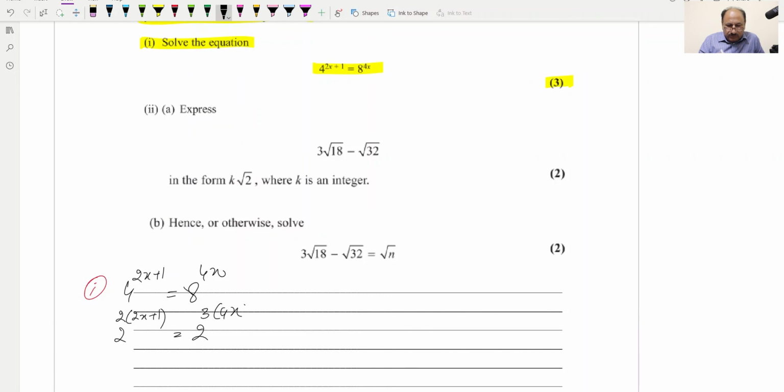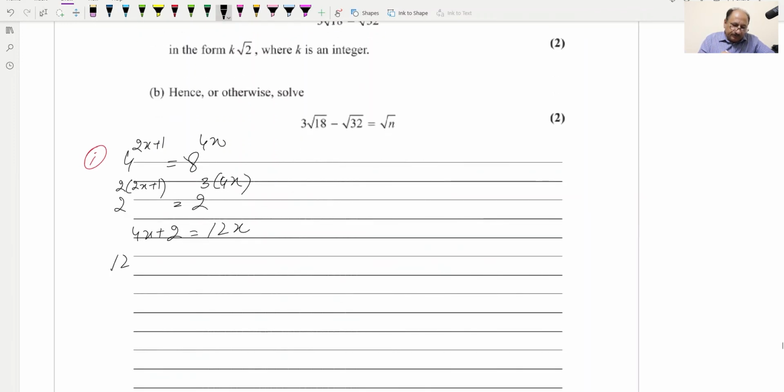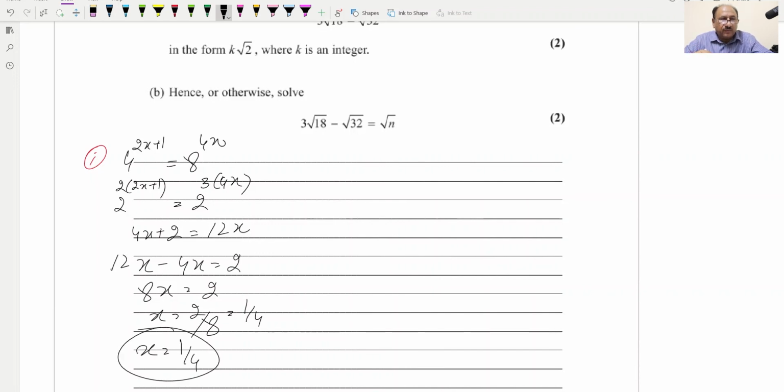We can leave the bases, so we can write 4x plus 2 is equal to 12x, so we can rewrite it as 12x minus 4x is equal to 2, so 8x is equal to 2, so x is equal to 2 by 8, which is equal to 1 by 4. So x is equal to 1 by 4 will be the final answer for this one.